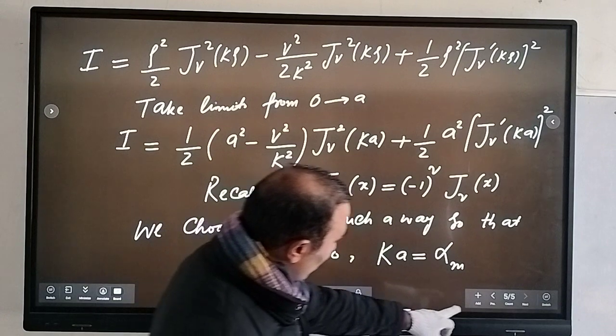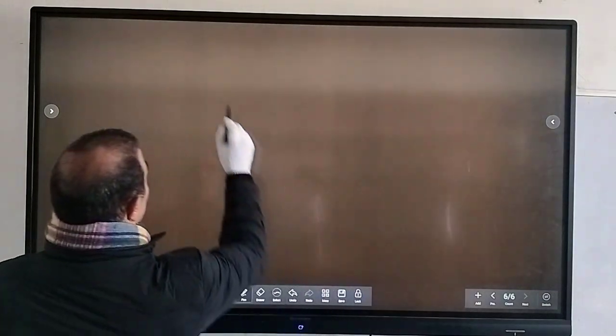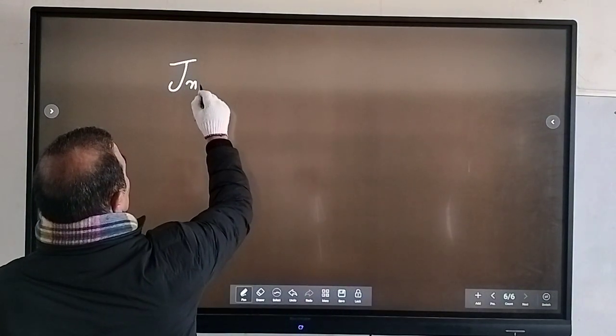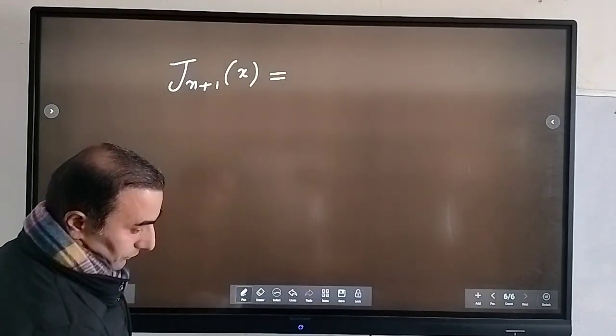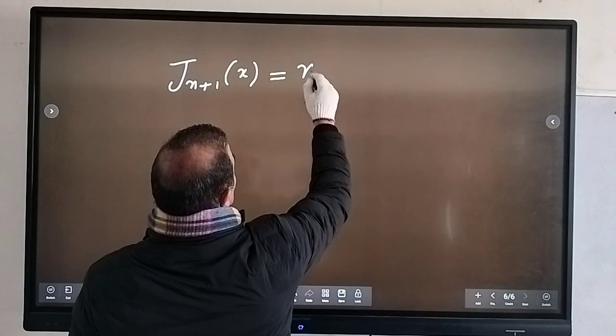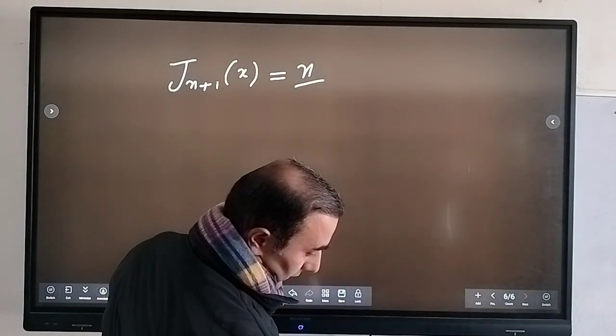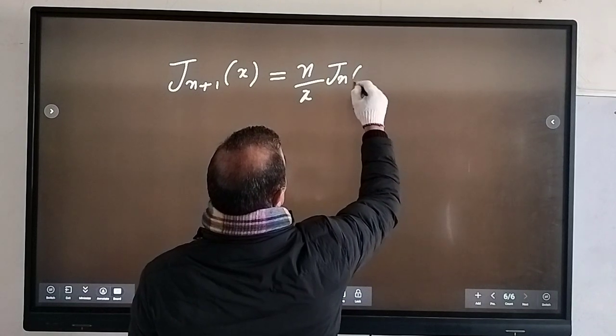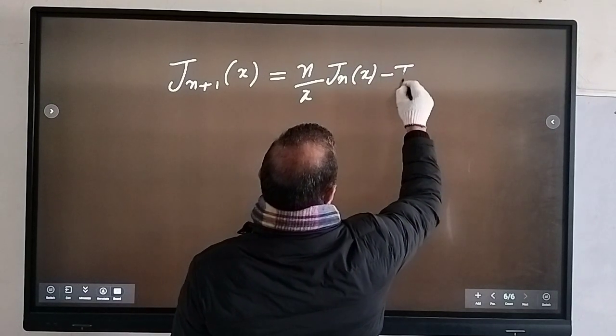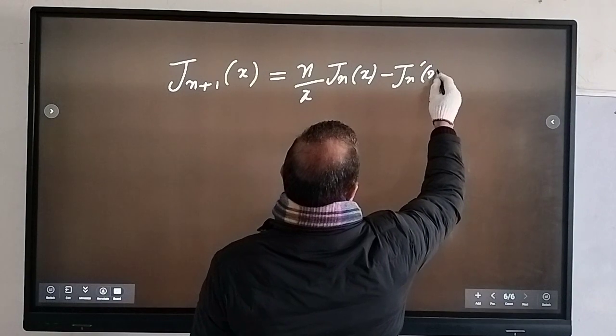In addition to that, we have one more recurrence relation. If you remember, we have Jn plus 1 of x equal to n by x Jn of x minus Jn dash of x.